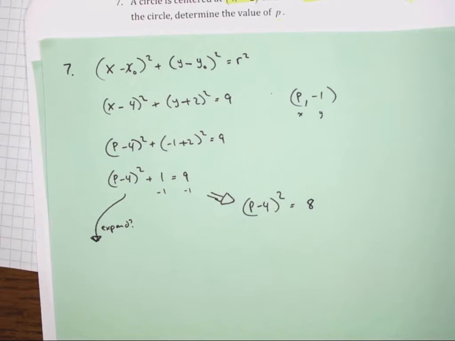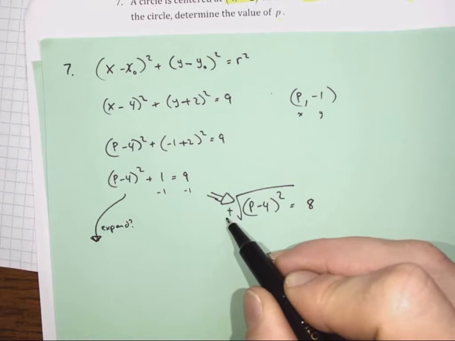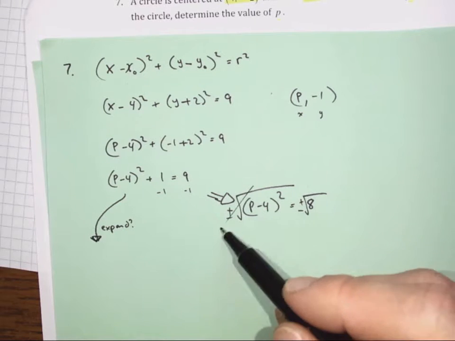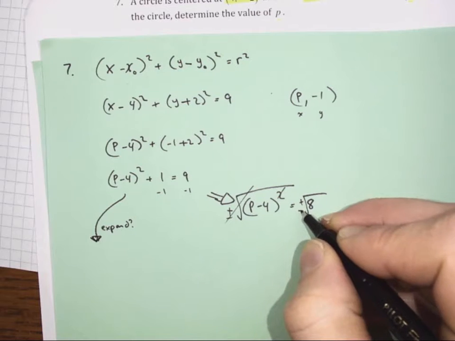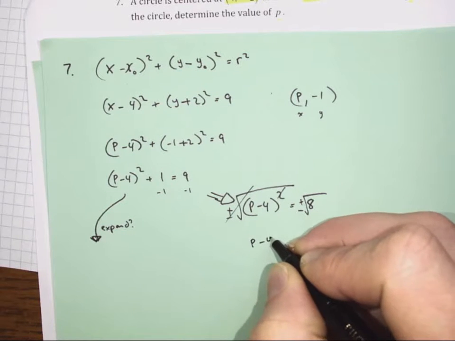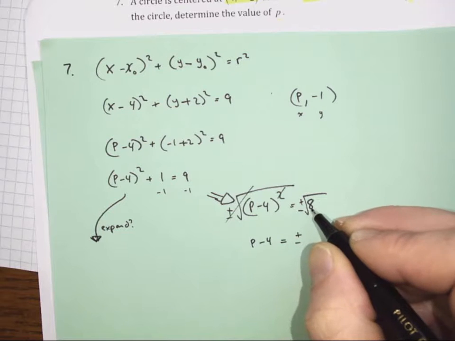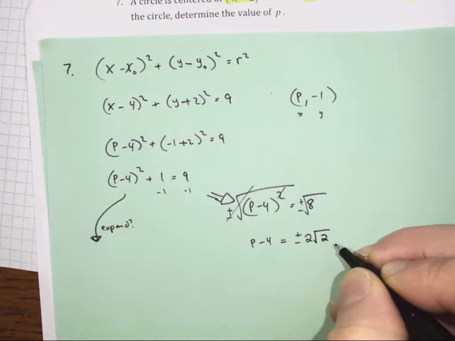Okay, now I'm going to undo a square. I should really look up which one is called the principal square root, because I hate forgetting this. We'll undo squaring by square rooting, but we have to remember there's a negative value here as well. We get P minus 4 is equal to plus or minus, oh, we've seen the square root of 8 before. We saw that in the last question. So we know the square root of 8 is just 2 root 2.